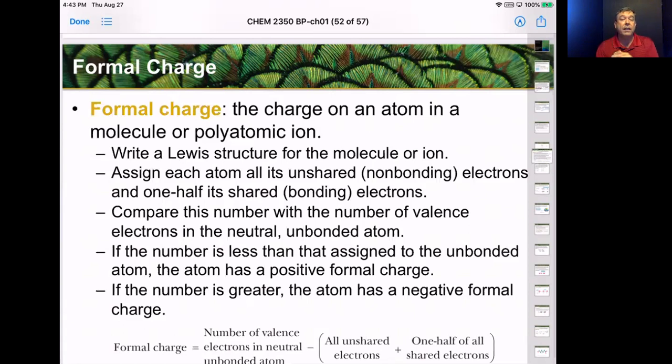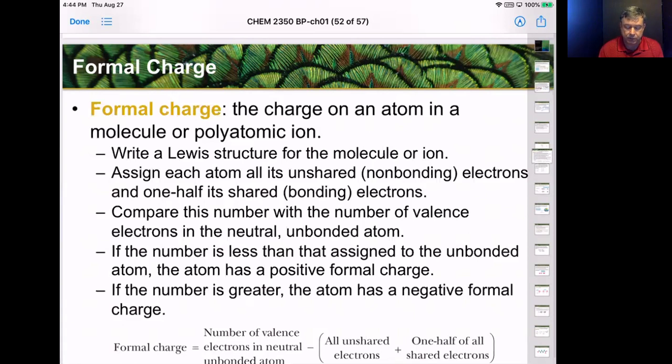Nitrogen is group 5A, so it had 5 valence electrons to play with. That's one number we have to understand first. And then we start comparing how many of the electrons are shared and how many of the electrons are not shared. So we have an equation associated with this.